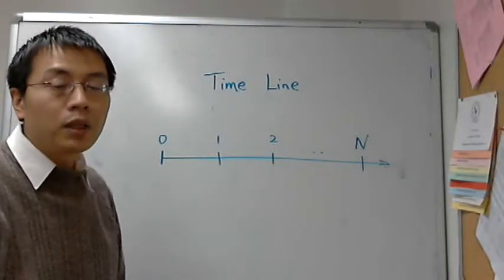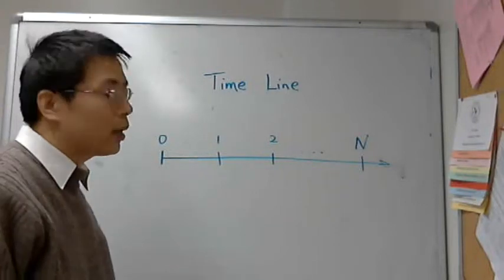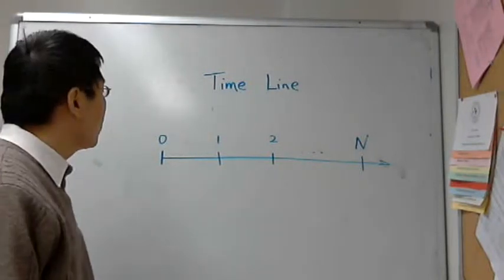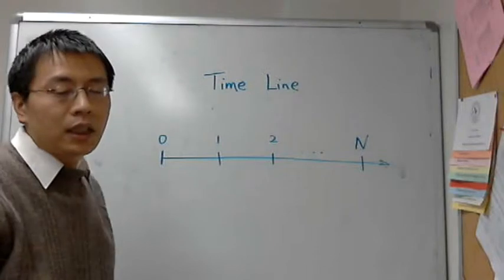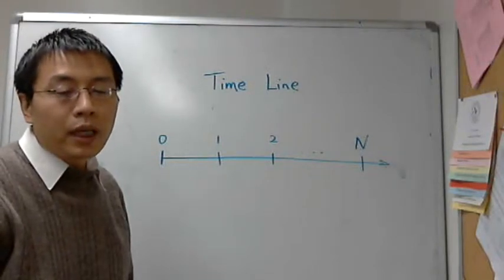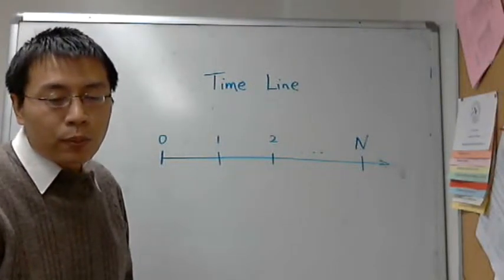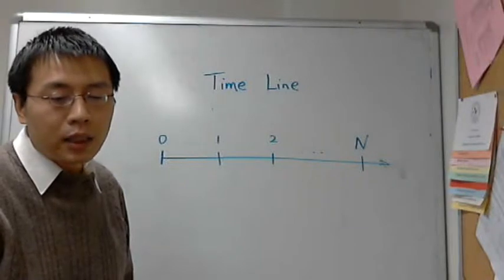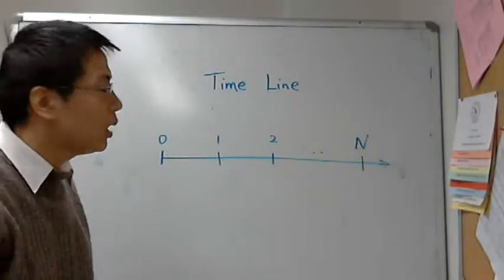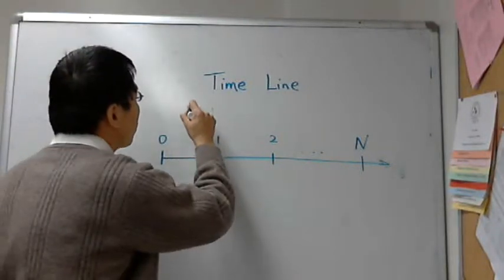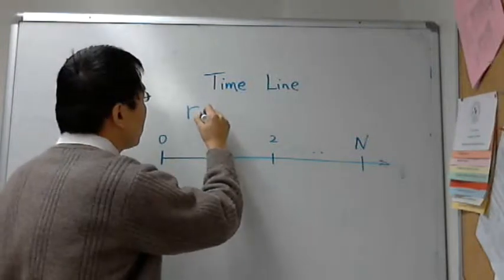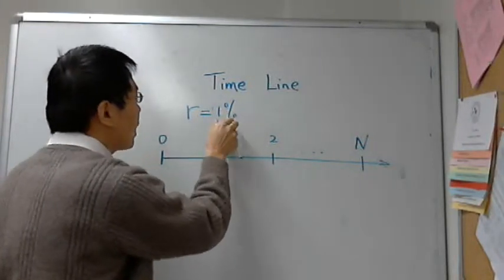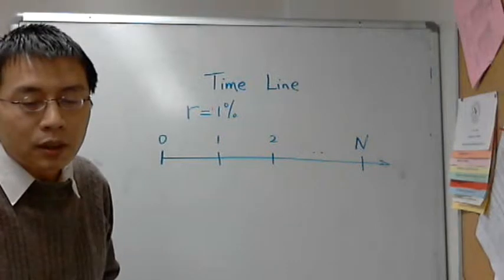We can put on period interest rate on the timeline. For example, if the investment is making monthly interest payment and the monthly interest rate is 1%, then we can write down interest rate per period is 1%. So that's 1% per period.